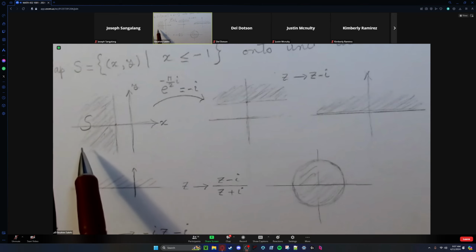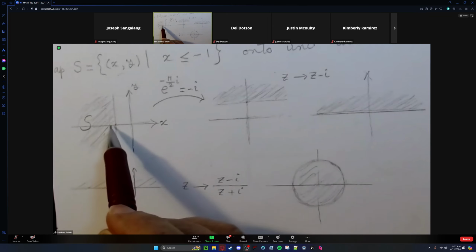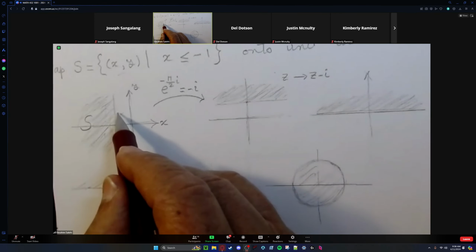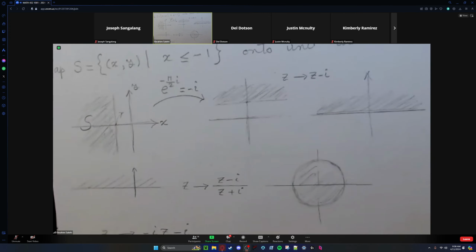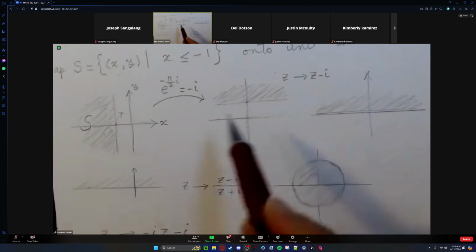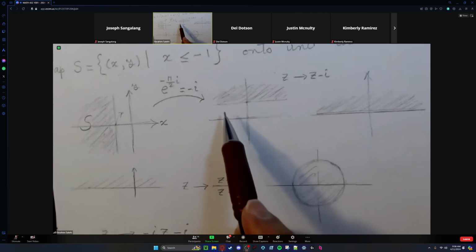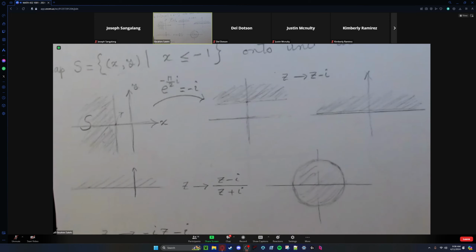Well, here is how. First of all, I am going to rotate the whole thing in this direction, which is clockwise, 90 degrees. If you rotate this 90 degrees, you get here. Okay? How do we rotate 90 degrees? By multiplying by e to the -pi/2 i, which is -i.